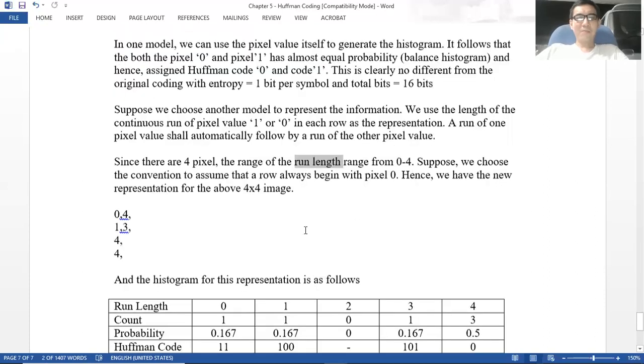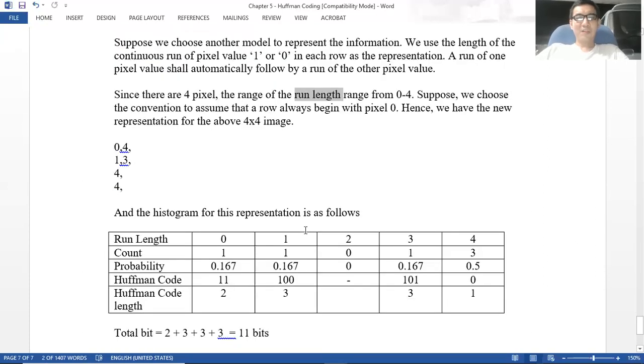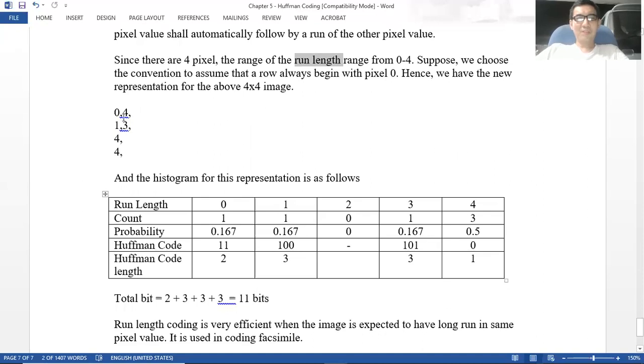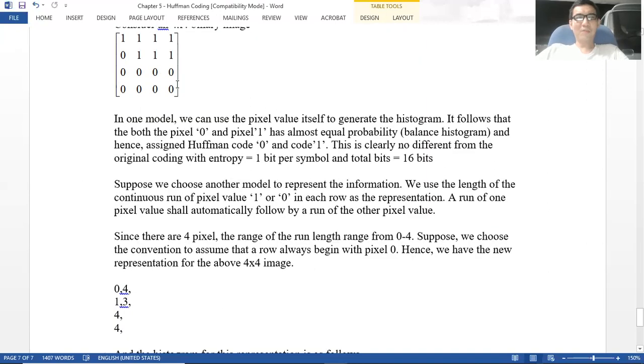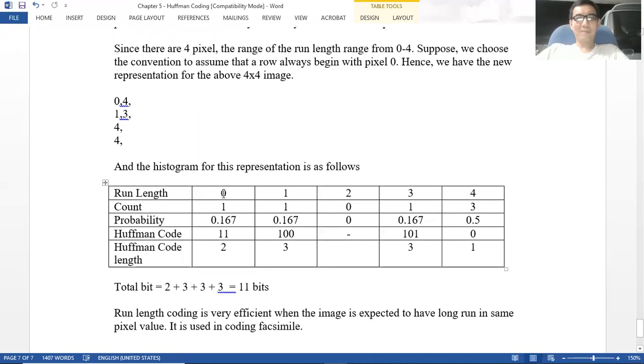Okay, let's see the probability distribution of this run length. So we have run length possible from 0 to 4, because this image is of 4 pixels. So maximum up to 4, minimum 0.